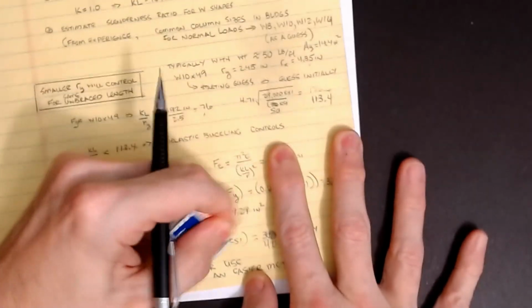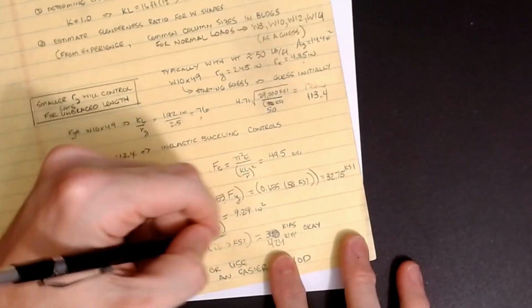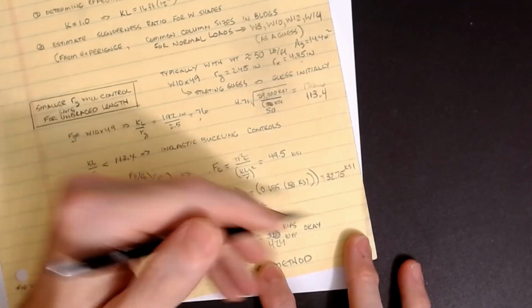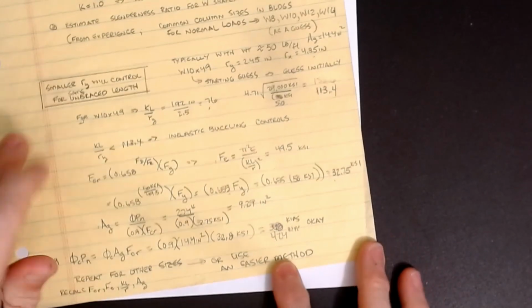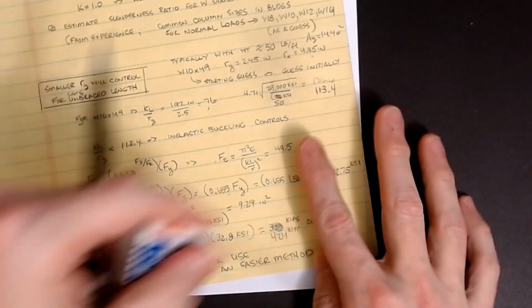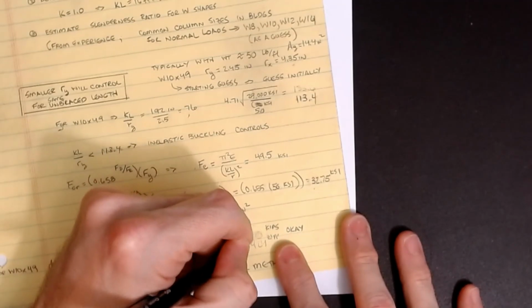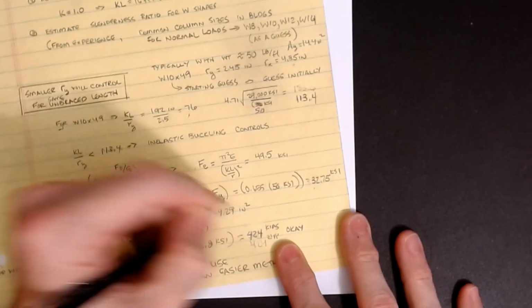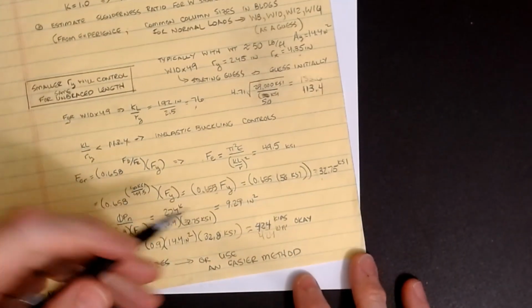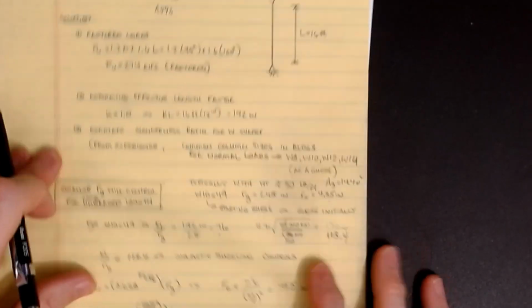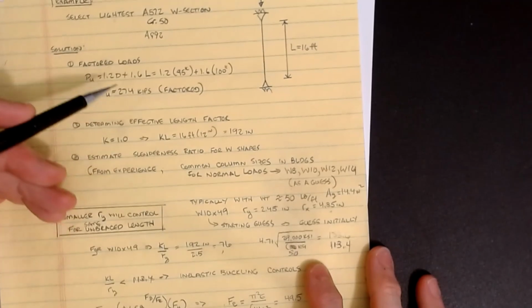Whoops. 32.8 KSI, it should be that number. But the math on this is 424. So I fixed it there, I just didn't fix the equation. So 424 kips is the capacity of this W10 by 49. Now if you compare that back to my factored load, we are well above it.